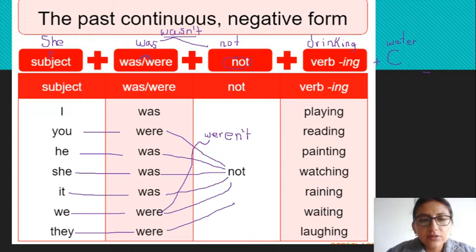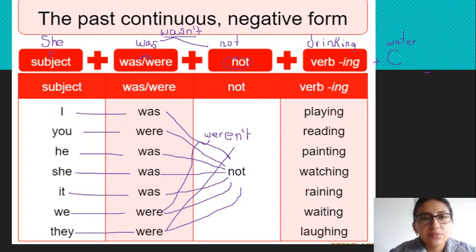They were not or they weren't. Okay? Playing, reading, painting, watching, raining, waiting, and laughing. I was not or I wasn't playing. Yo no estaba jugando. You were not or you weren't reading. Tú no estabas leyendo. Okay? This is the structure for the past continuous negative form.